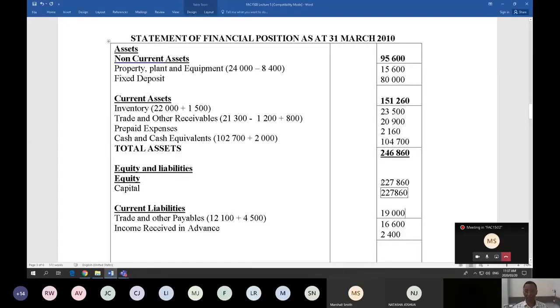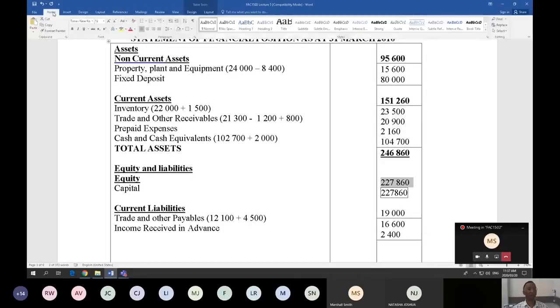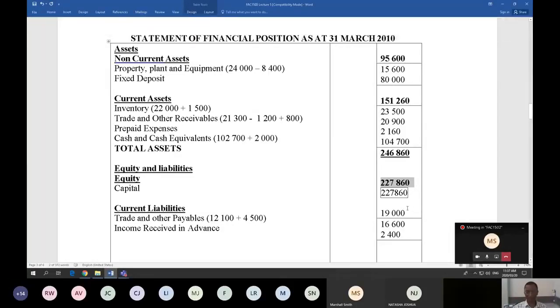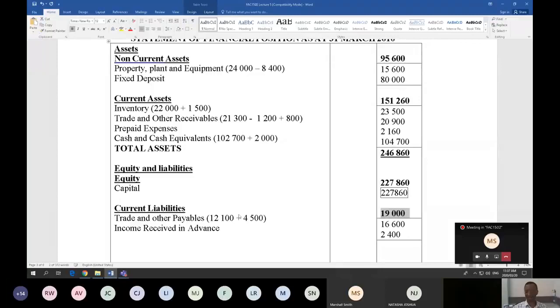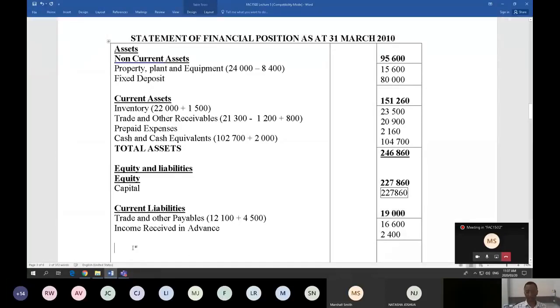So the bottom section of your statement of financial position, you will have equity of 227,860. You will have current liabilities of 19,000 Rand. The bottom section of this statement is then called total equity and liabilities.